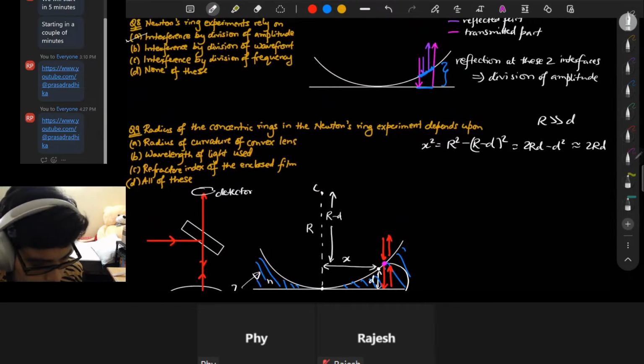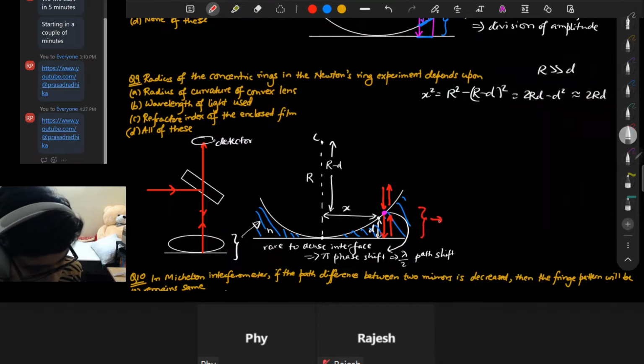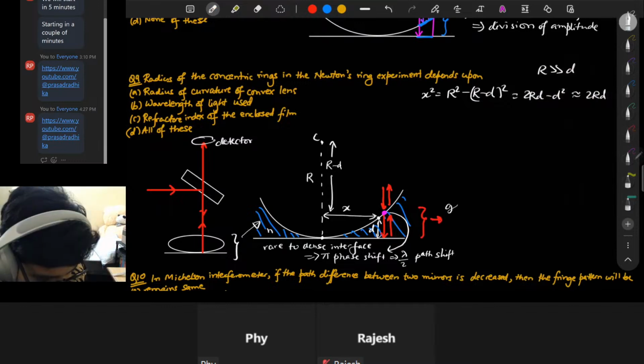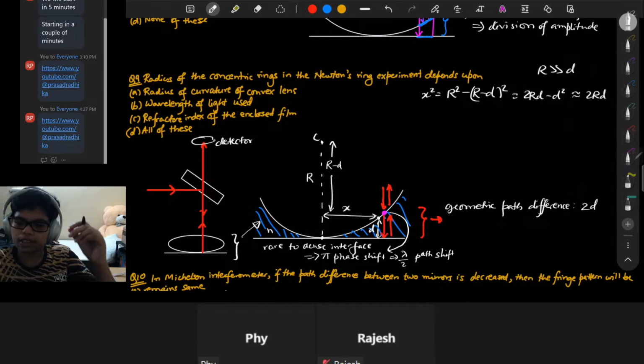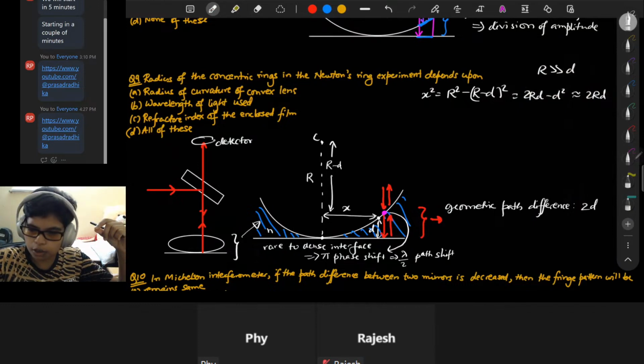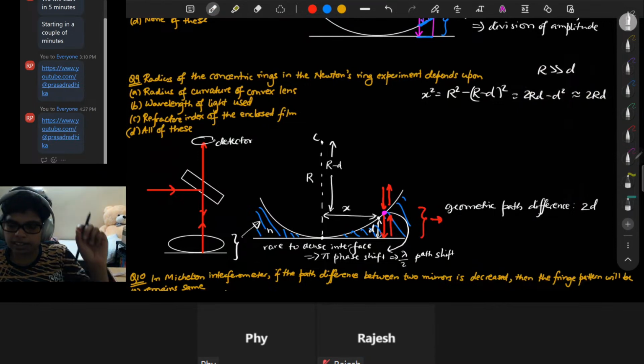Now, we can write down the path difference. From here, you see that the geometric path difference is 2 times d, because the ray which is getting reflected from the top surface is there, and the ray which is getting reflected from the bottom surface travels the thickness d in the film, first by going down and then by getting reflected and coming up.